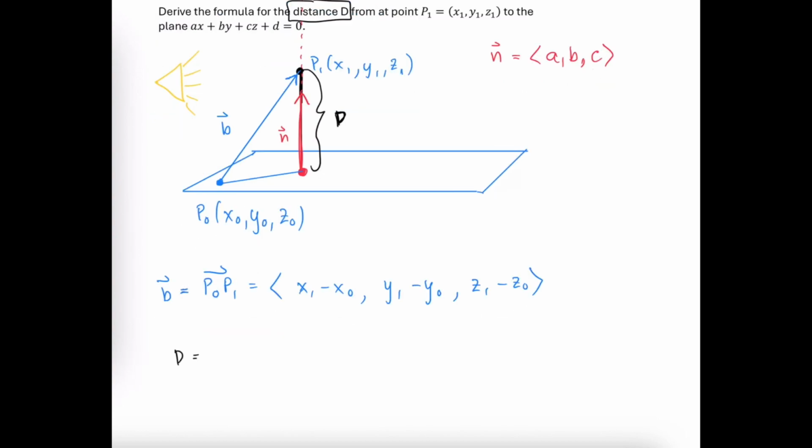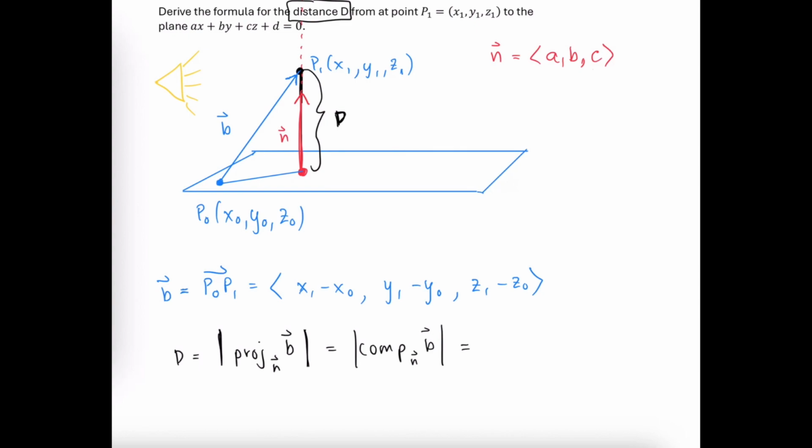So our distance that we're looking for is the same as the magnitude of the projection vector from projecting vector b onto vector n. And as a reminder, the magnitude of that projection vector is the component of b onto n. And since that component can be a positive or a negative value, we're going to wrap that up in absolute value bars to ensure that we're getting a positive distance.